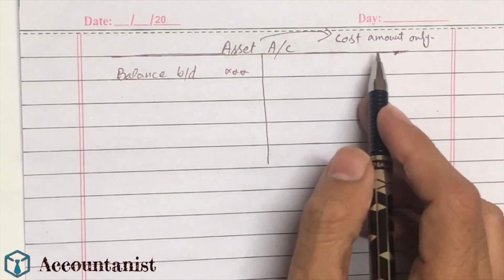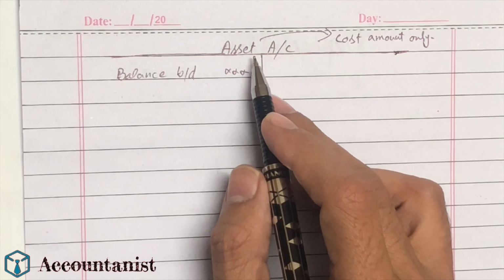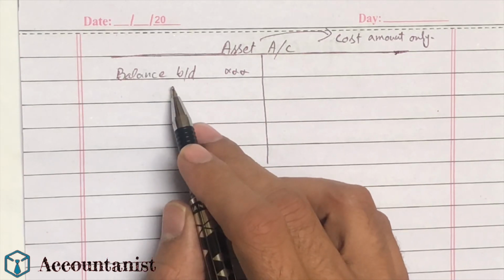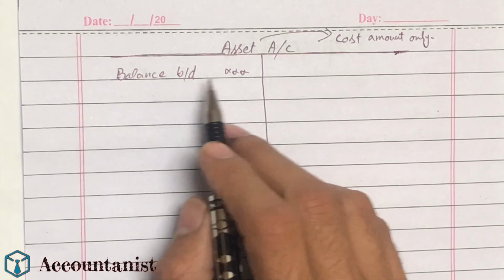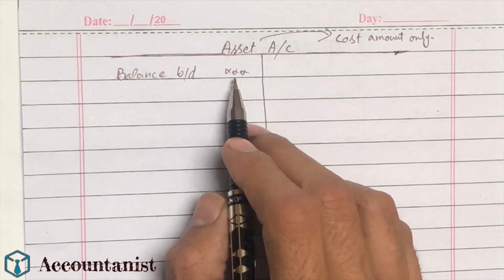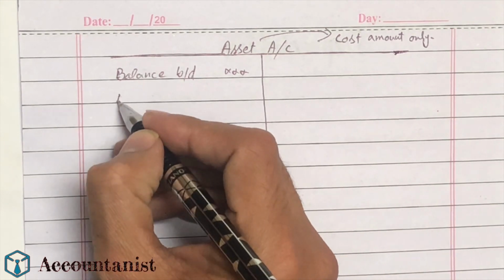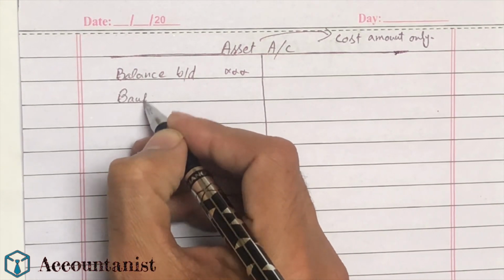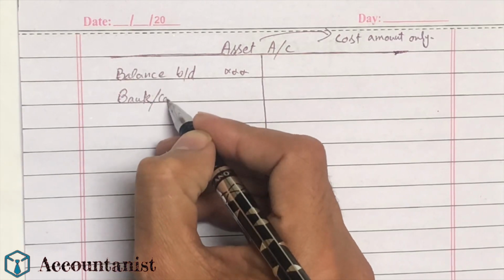So if we have an opening balance of an asset previously owned, we'll write it down here with the cost value.